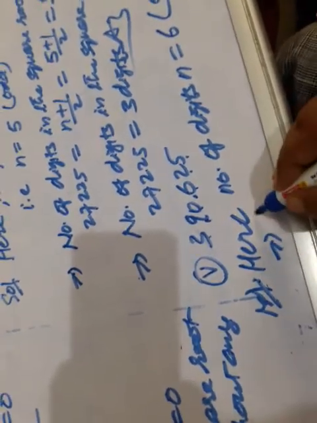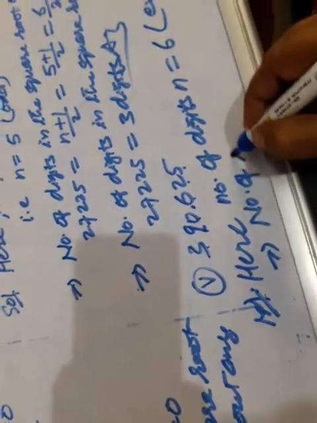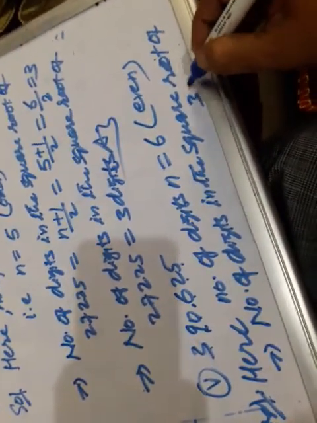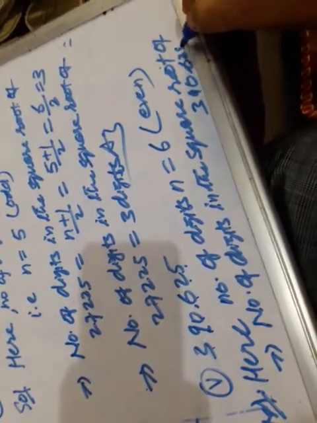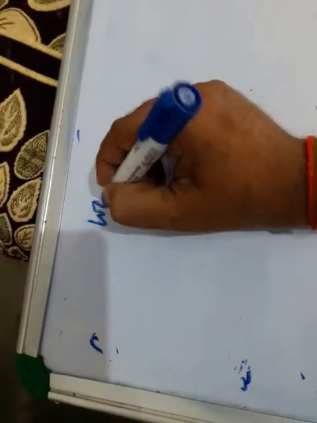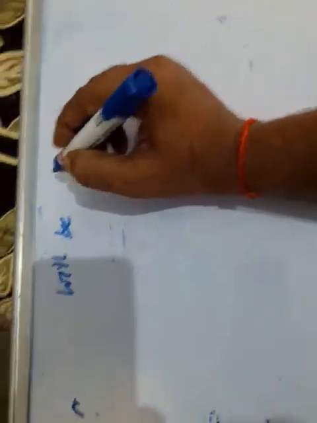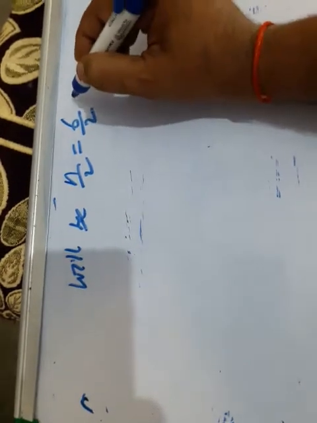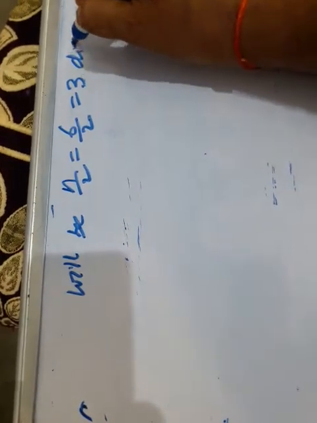This implies that the number of digits in the square root of 3,90,625 will be, write down children, 6 is even, so n by 2, that is 6 upon 2, and 6 upon 2 equal to 3, means 3 digits will be there.